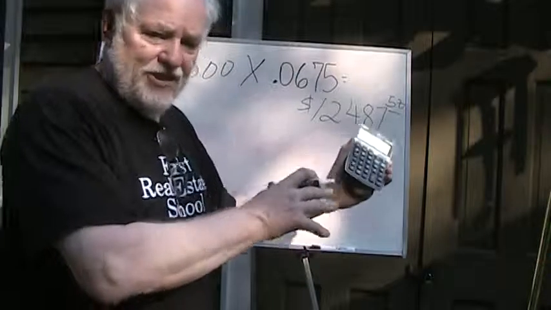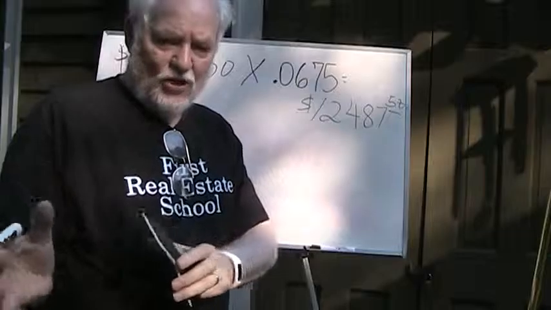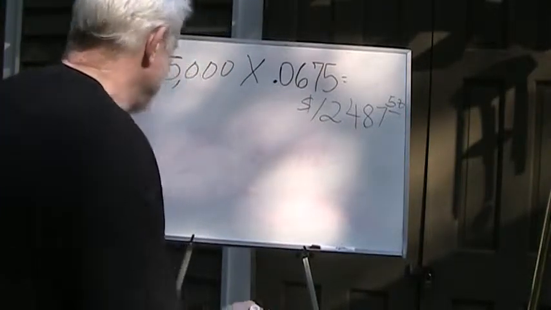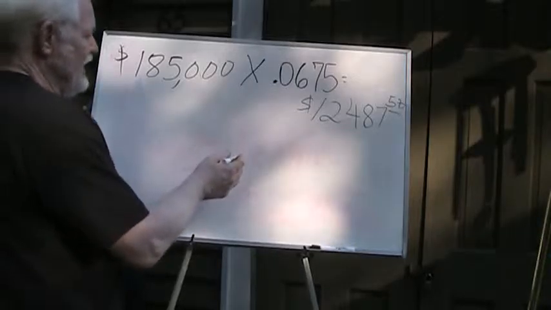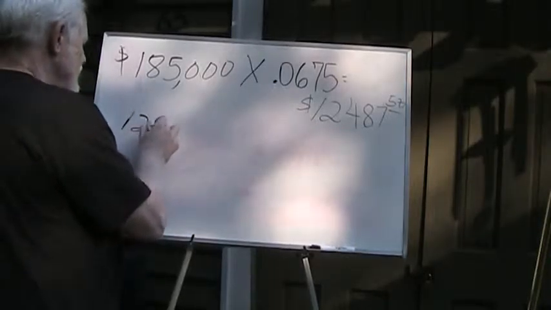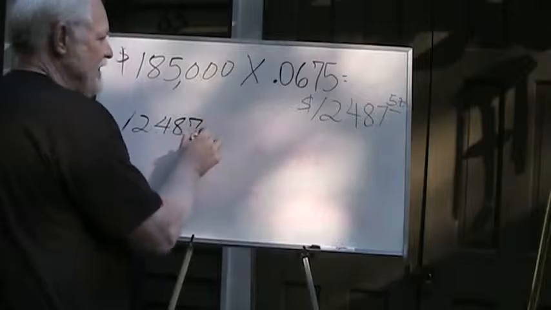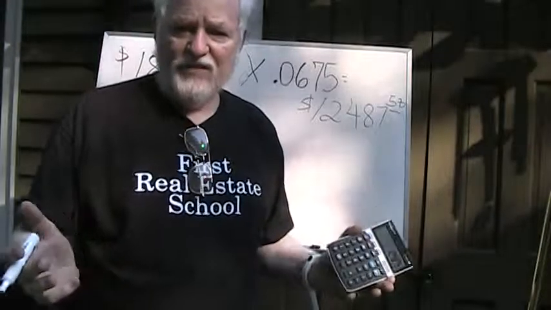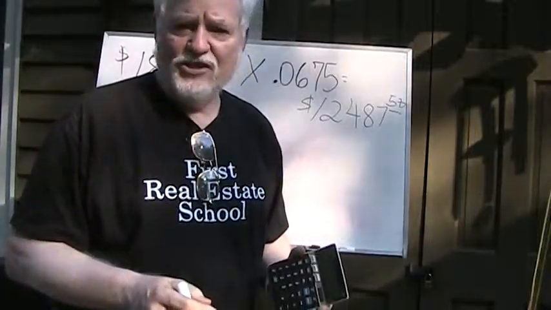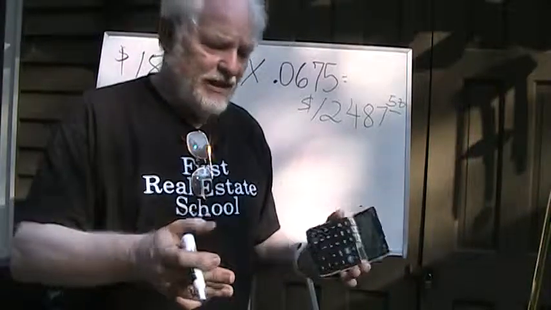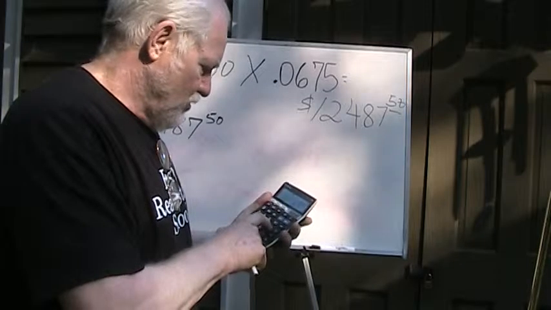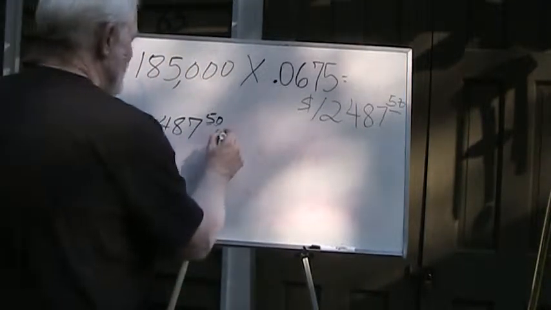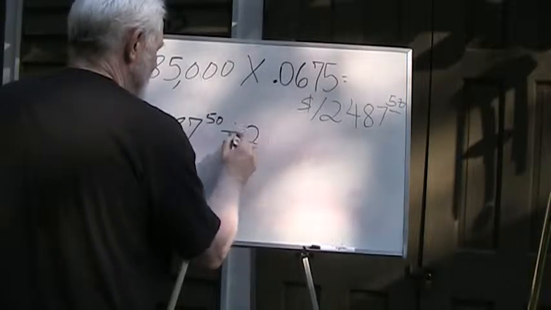Now, ABC has sold XYZ's listing, and so XYZ is going to share that commission 50-50. By the way, they don't have to share it 50-50, but it says in the question that they're going to. So we take $12,487.50 divided by 2.